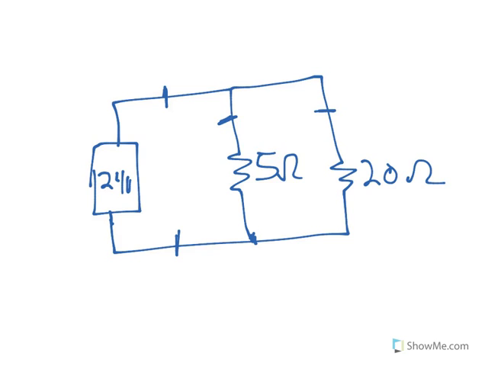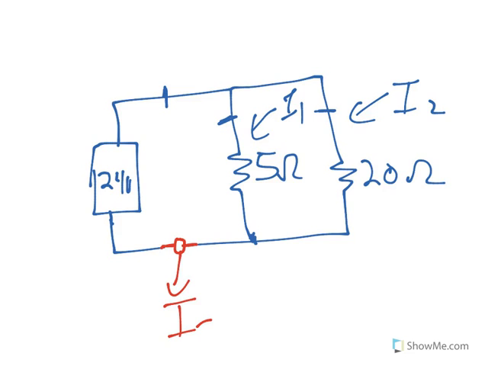Well, remember that in a parallel circuit, each branch here will get its own current. So we can't put it there. So the best place for us to put it is right here. Put the ammeter right there, and this should give us the total current, because the current has already flowed through both passages, and it reconnects and adds together there. So that'd be the best place to put it.